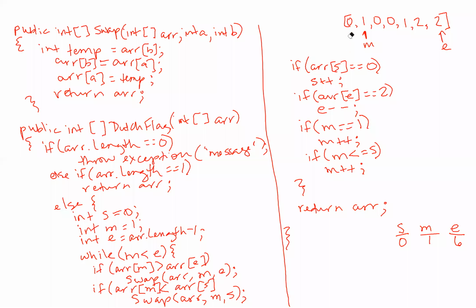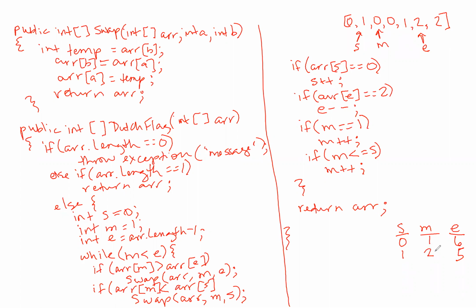So now S is 1. If array at E equals 2, which it does, we need to do an E minus minus. So now E is 5. And then if M equals 1, M++. And now M is equal to 2.